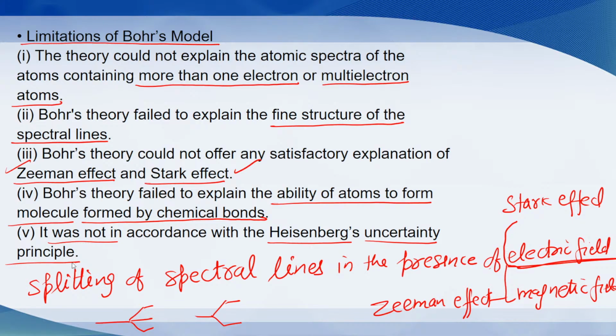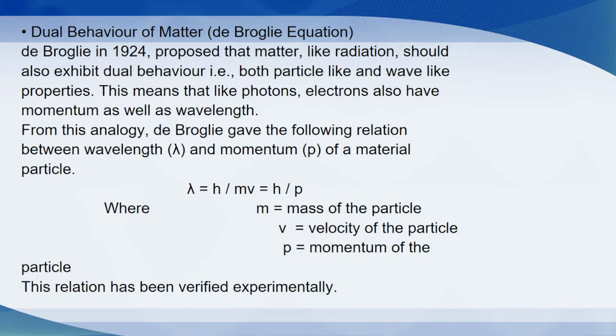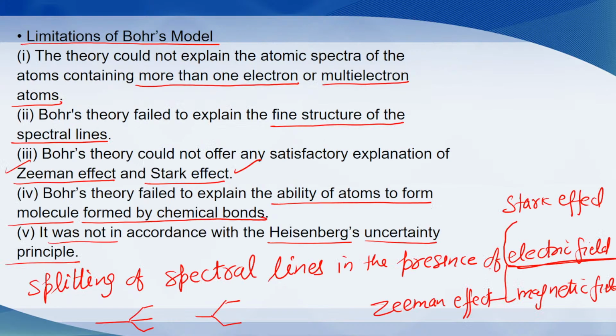It was not in accordance with Heisenberg's uncertainty principle. So this is all about Bohr's atomic model. So far we have done different formulas that I will summarize today.